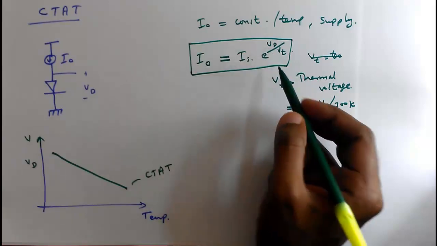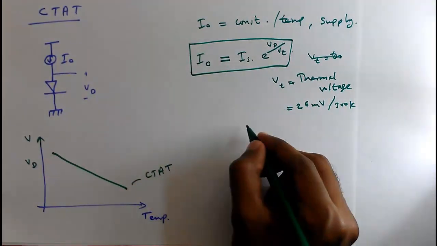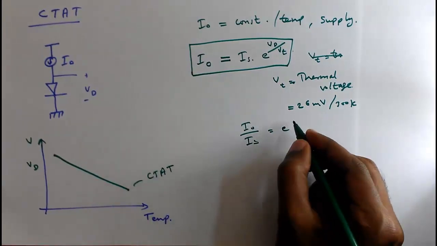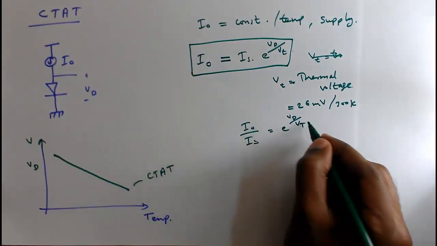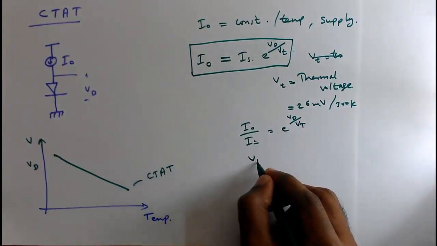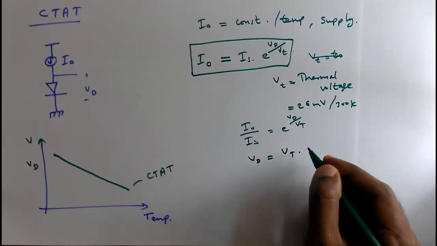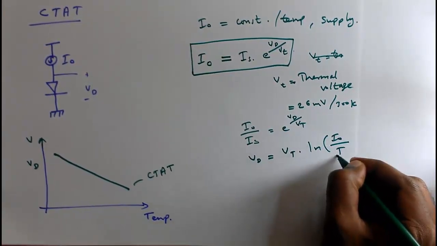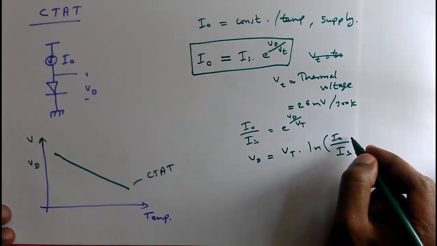From this, what is Vd? You can write I0 by Is equal to e power Vd by Vt. If you take the logarithm on both sides, then Vd equal to Vt into the logarithm of I0 by Is.